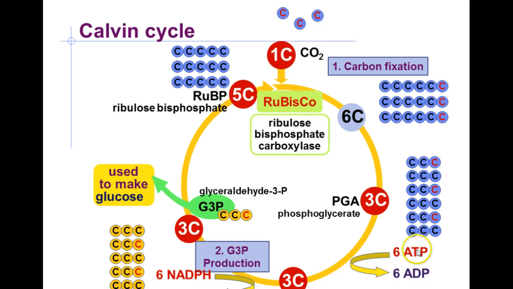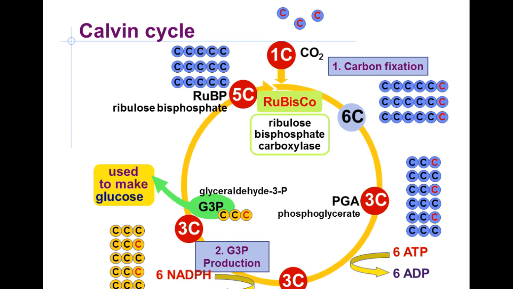Okay? So here's our ATPs down here. Then breaking the phosphate bond and adding a hydrogen from NADPH. Here we are, NADPH. And NADP is now ready for another hydrogen to be added to be used over again.